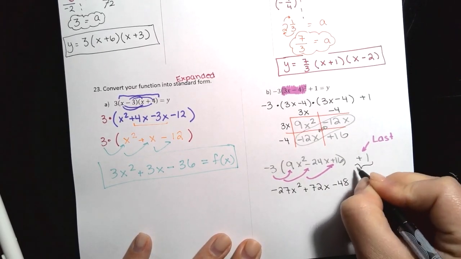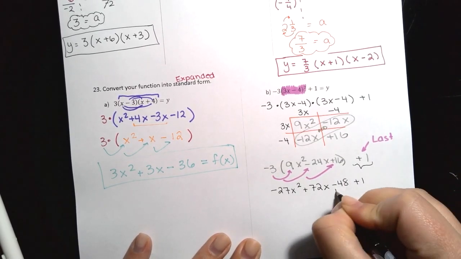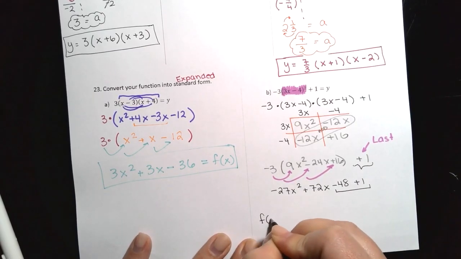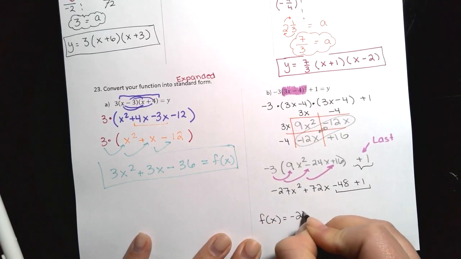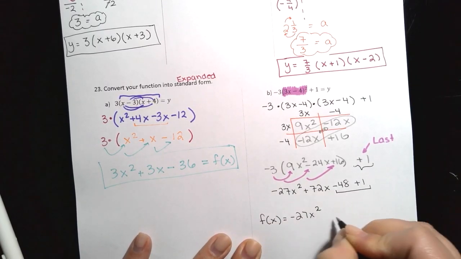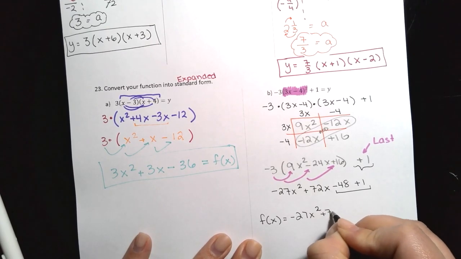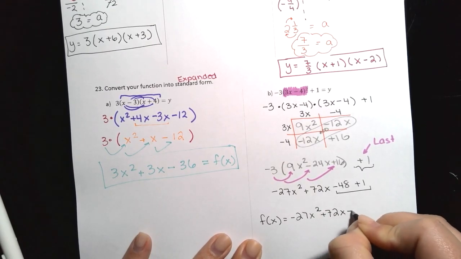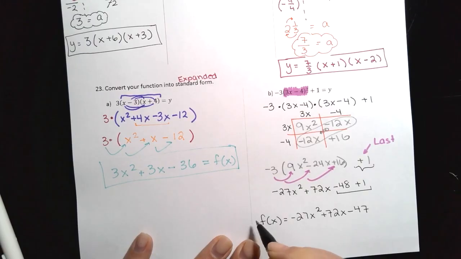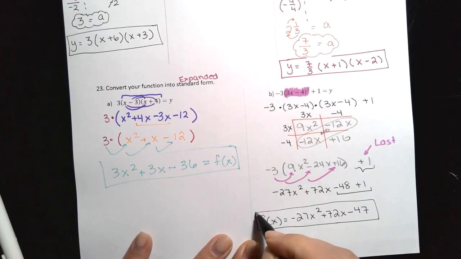Then I can bring down my plus 1, combining like terms. So f of x is equal to -27x squared, plus 72x minus 47. And this is our expanded form.